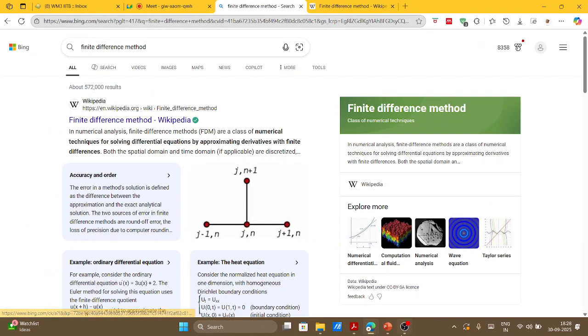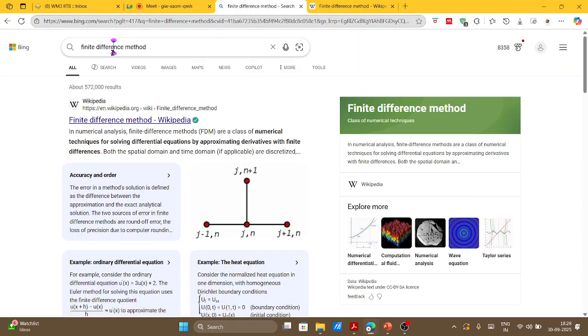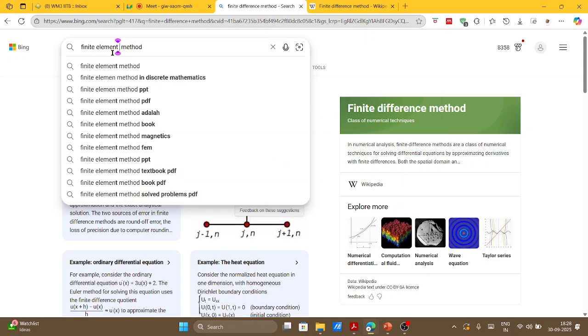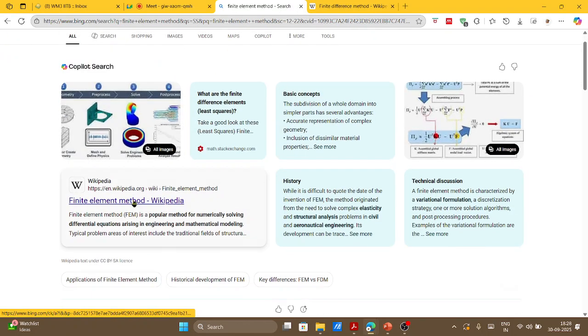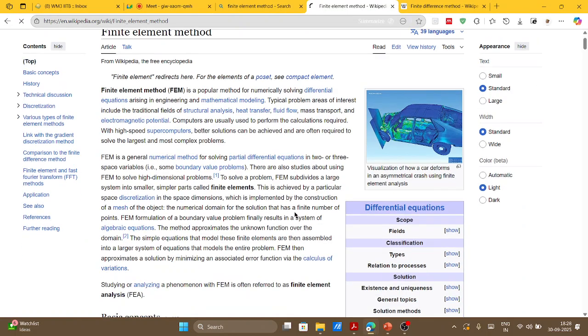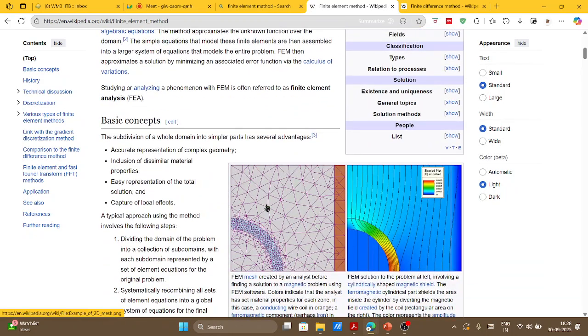Then comes the finite element method. Here also the concept is similar, that you divide your system into multiple grid points.